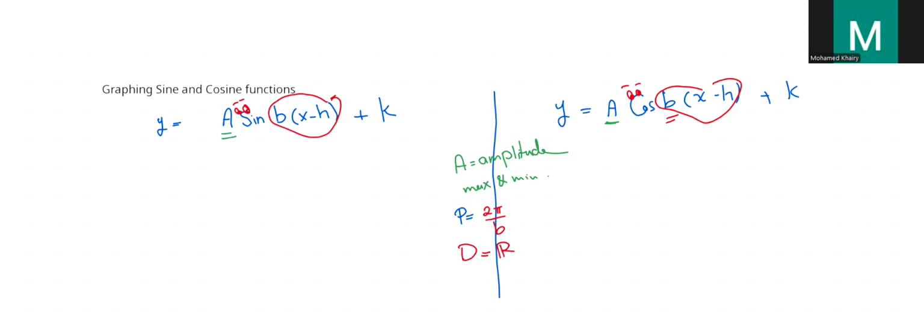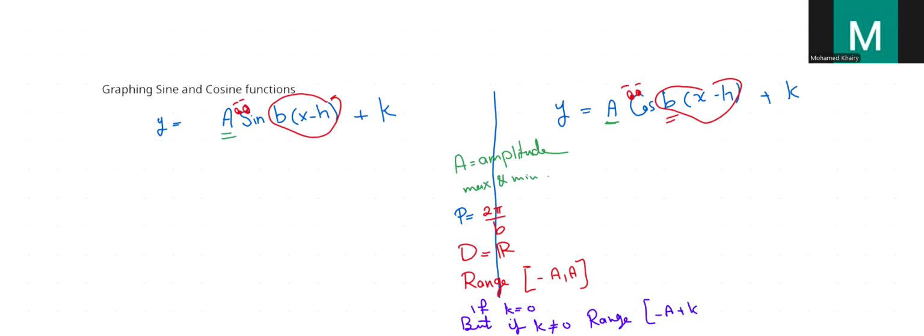And the range is going to be from negative a to positive a if there is no k, so if k equals 0. But if k is not 0, the range will be from negative a plus k, because this is the vertical translation, to positive a plus k.